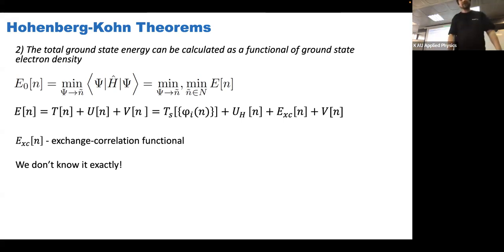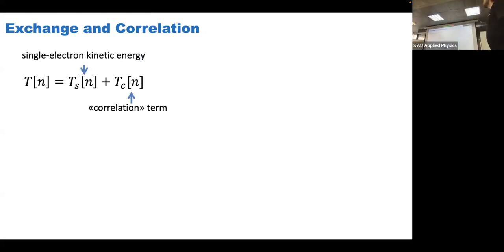And why do we get it? From what depths of physics did it appear? It appeared from two rather simple things. T from n is the kinetic functional for the real system, with no approximations.